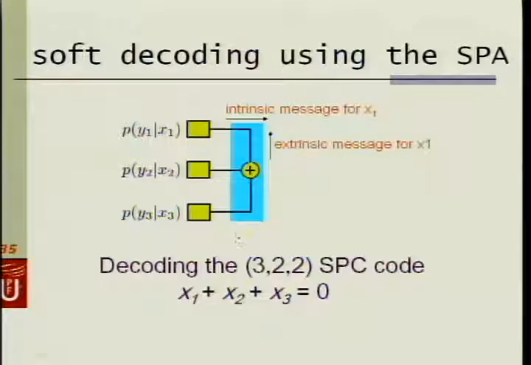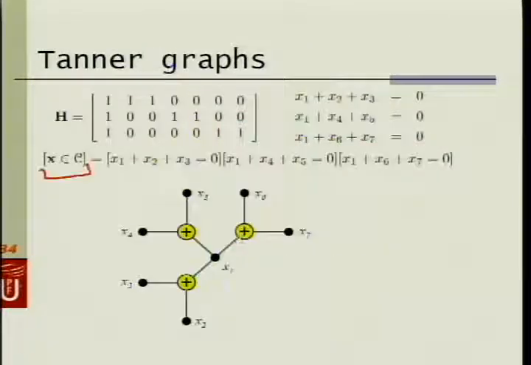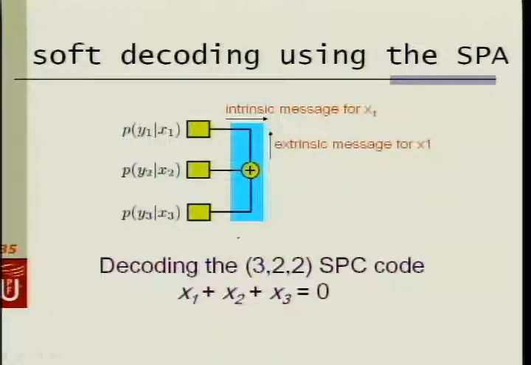In some other cases, the factor graph has cycles, and unfortunately we have to resort to an iterative algorithm for decoding. But let me show you a very simple example of decoding using the sum product algorithm in a code whose factor graph has no cycle.